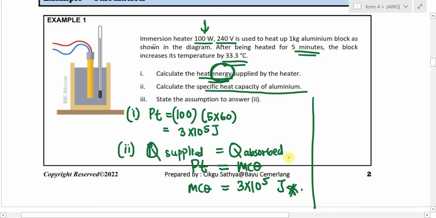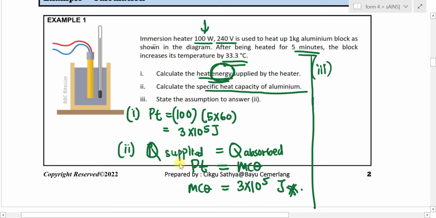Okay, sir. Okay. Apa assumption yang kita kena buat masa kita nak andaikan Q supplied equal to Q absorbed? Very important question this one. Whatever we supply, all that much of energy is absorbed. Kita kena andaikan tiada haba yang lost to the surrounding.